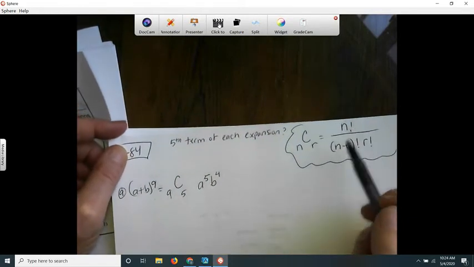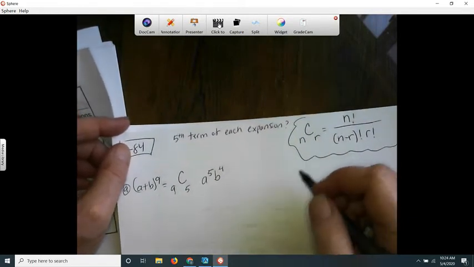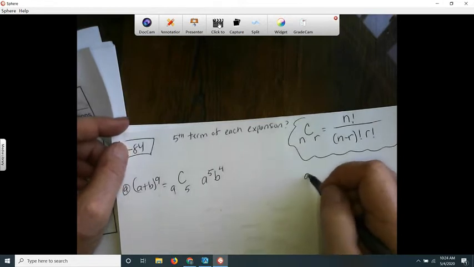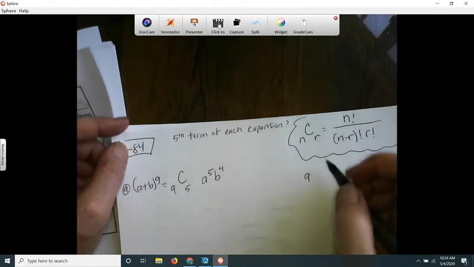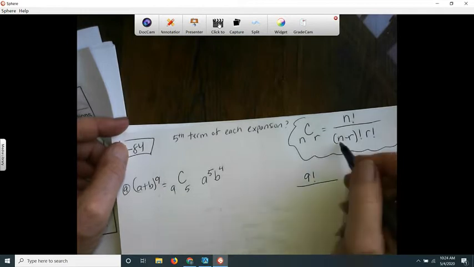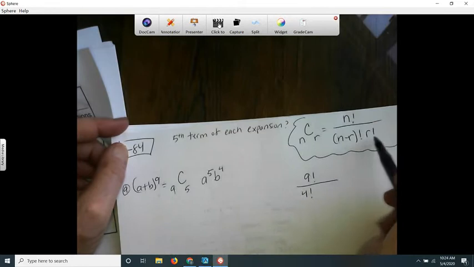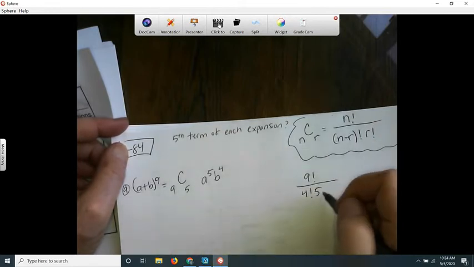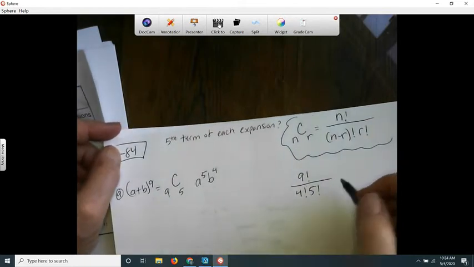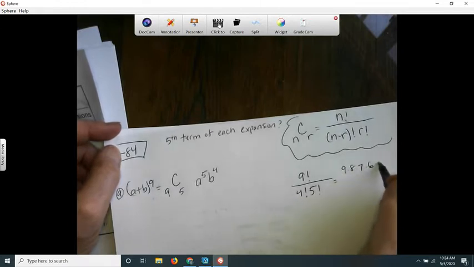So that's n things. N is the total number of things you have. And then n minus r, so 9 minus 5 is 4, and then r is 5. So that's 9 times 8 times 7 times 6 times 5 times 4 times 3 times 2 times 1.